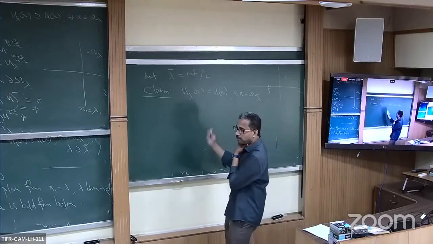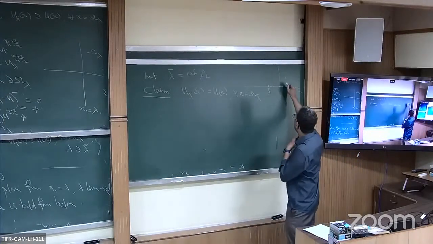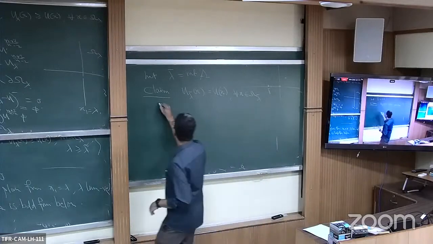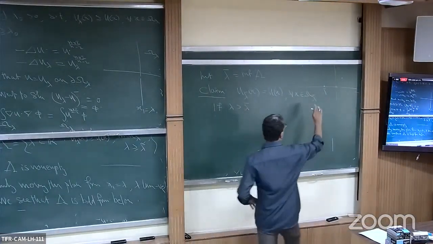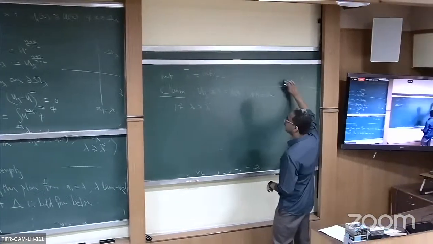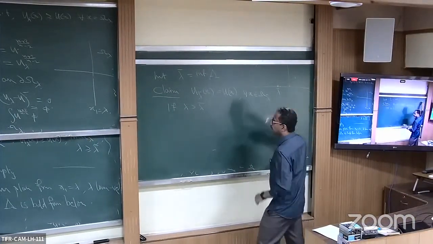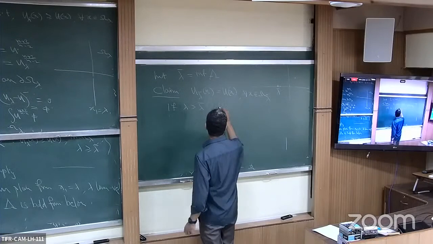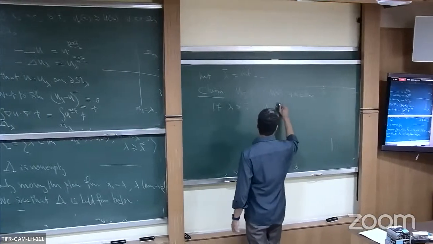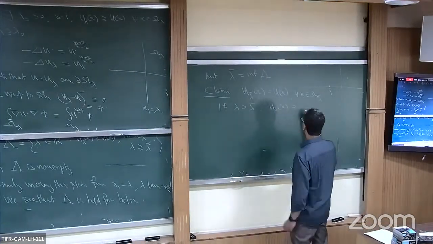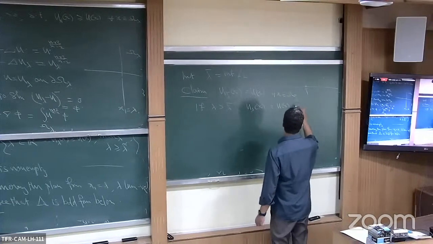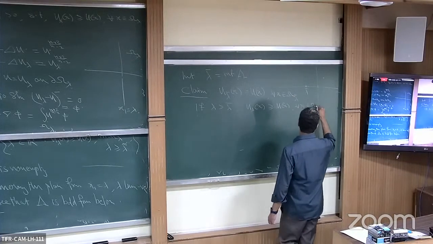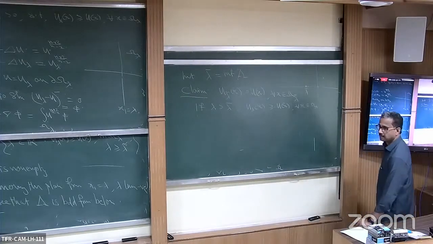So first of all, what is obvious? We know that if lambda is greater than this lambda bar, that means here, then you know that the reflected portion is bigger, right? So then we know that u lambda of x is going to be greater than or equal to u of x for all x in omega.